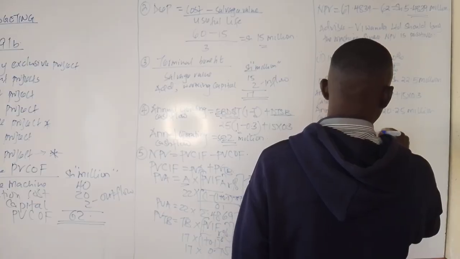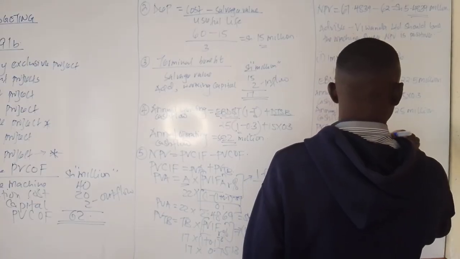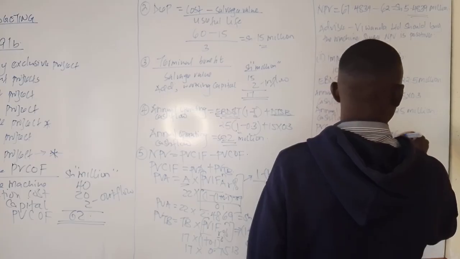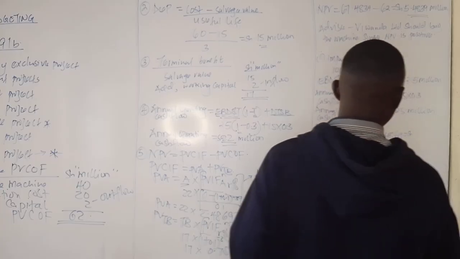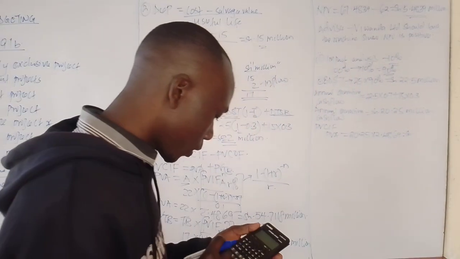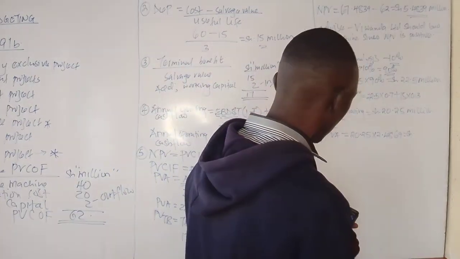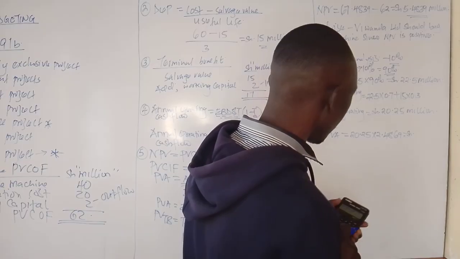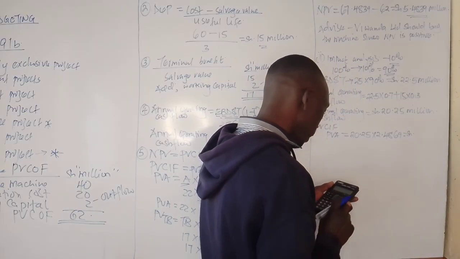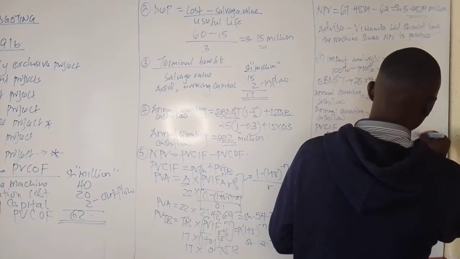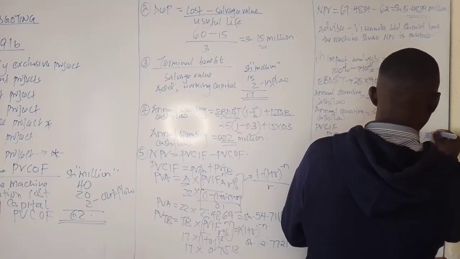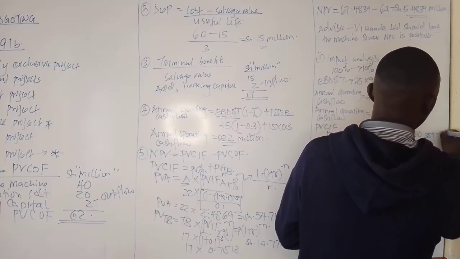So you multiply by 2.4869. So in this case, you will get how many millions? It will be 20.25 times 2.4869. In this case, we will get shillings 50.3597 million.